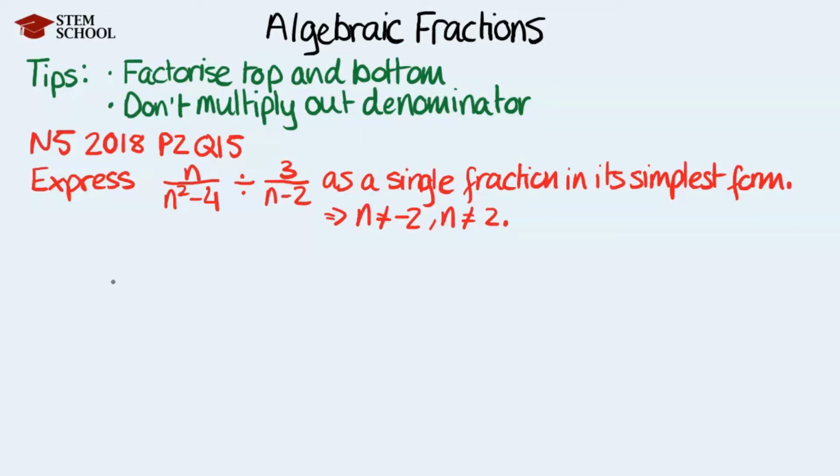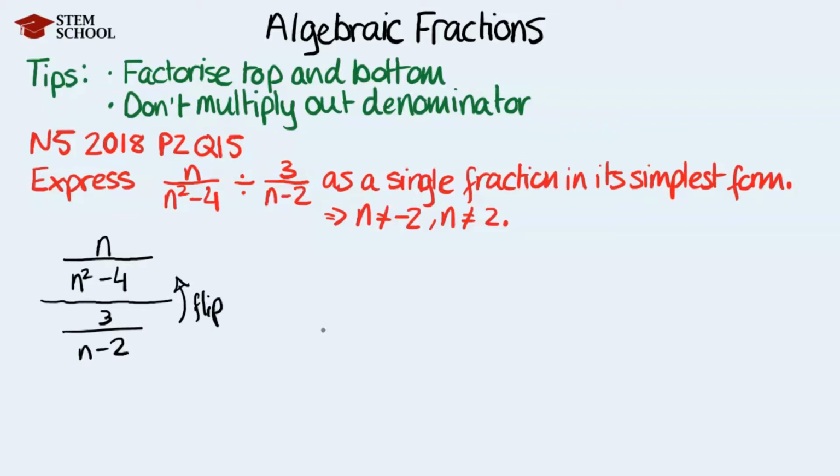So let's have a go at this question. What you want to do is write it in this form: n all over n squared minus 4, and you want to divide by 3 all over n minus 2. When you get this kind of format where you have a fraction over a fraction, you just want to think flip. Just keep that in your head, flip.